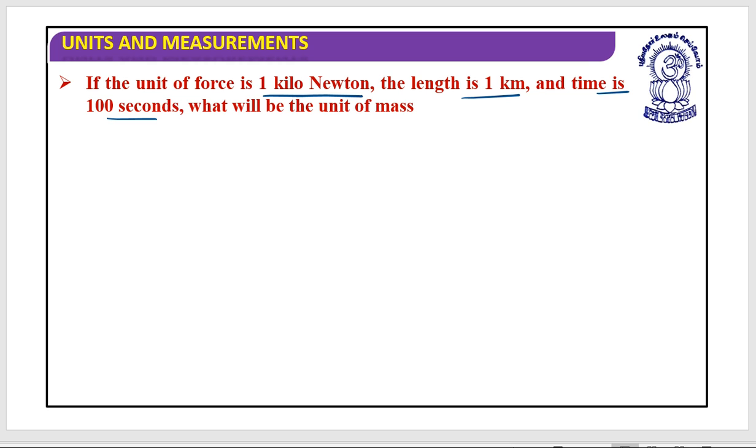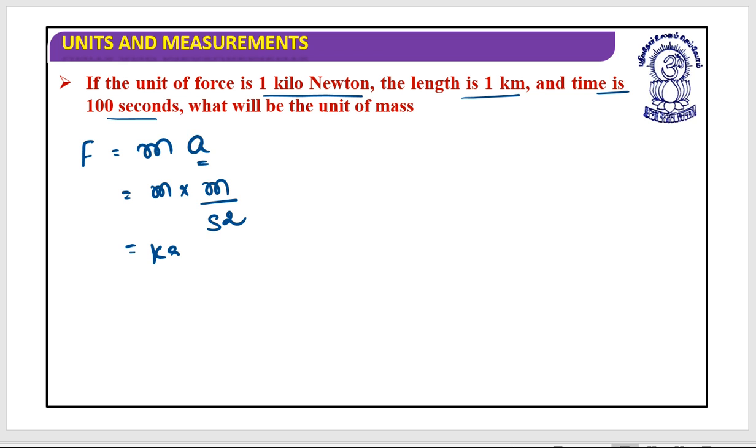Do you know any formula that can relate force, length, and time, and mass as well? So let's write F is equal to mass into acceleration. So this is mass multiplied by acceleration. I can write meter per second square, and this is mass.